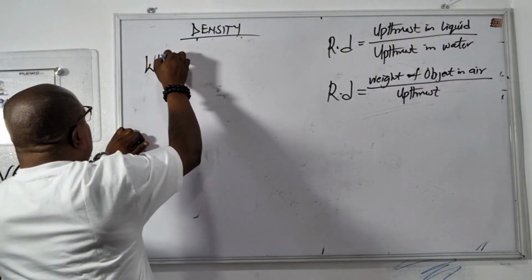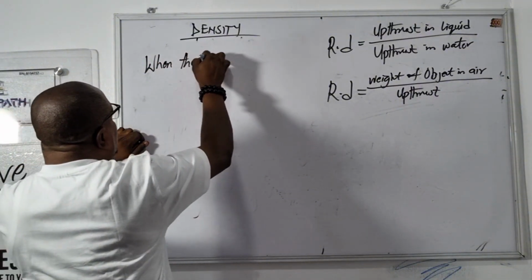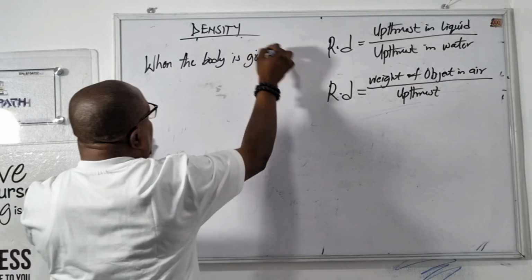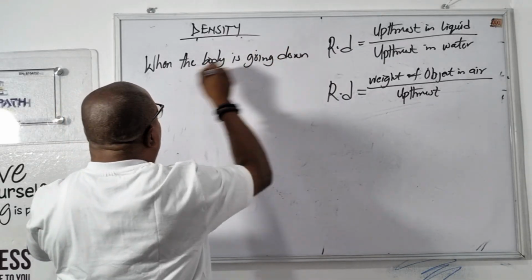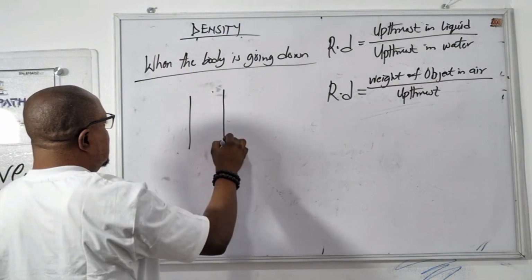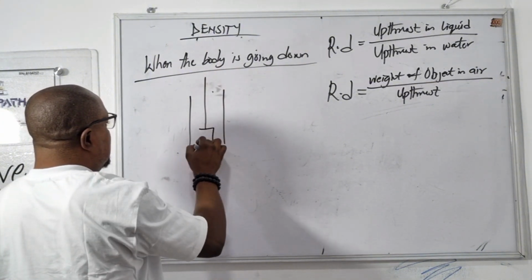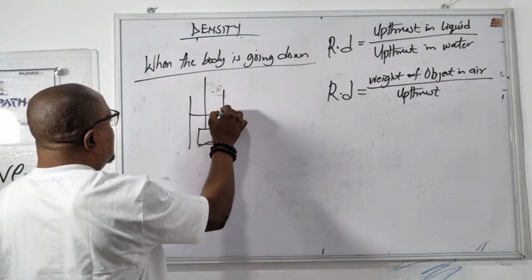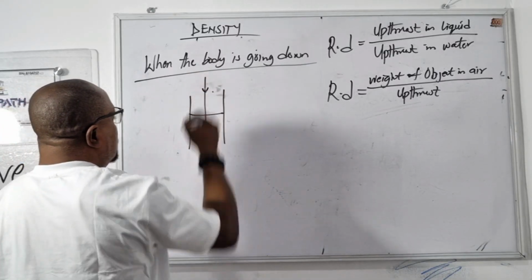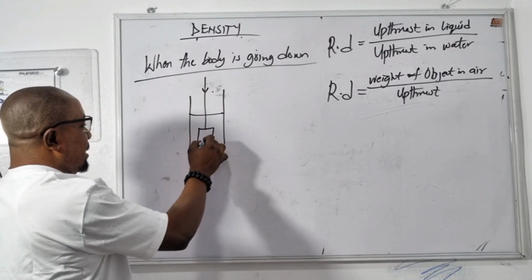When the body is going down, let me use the diagram to explain it. Now let's say this is the body going into the water. When you throw it into the water, this is the rope. You're going to exert the force that will bring this down.